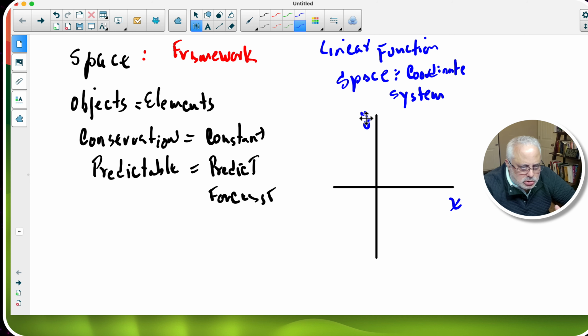Then the objects. Okay, what are the objects? The elements. Okay, we're going to be working with points. And those points have a structure, X and Y. It's important that the students know that structure is an object moving. That object will be moving in function transformations.